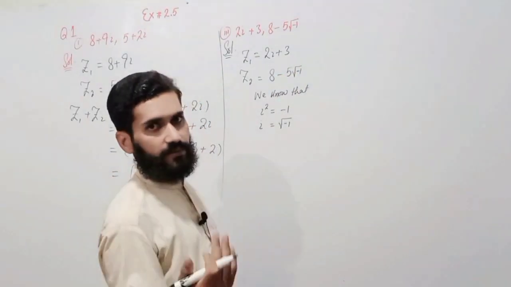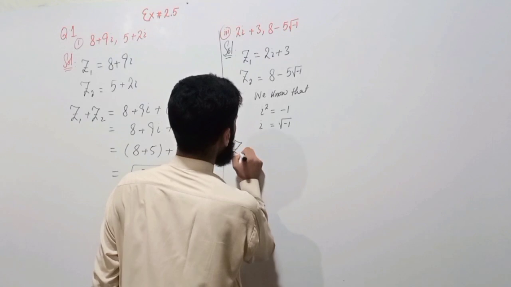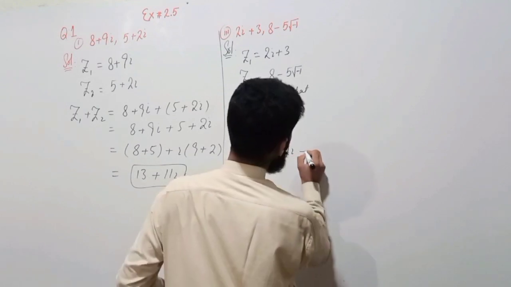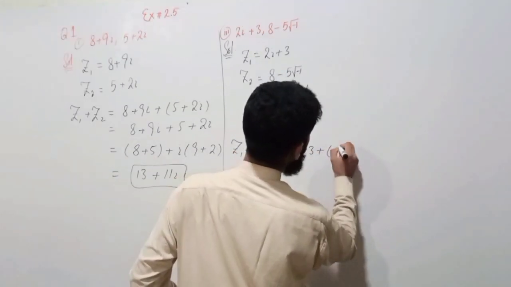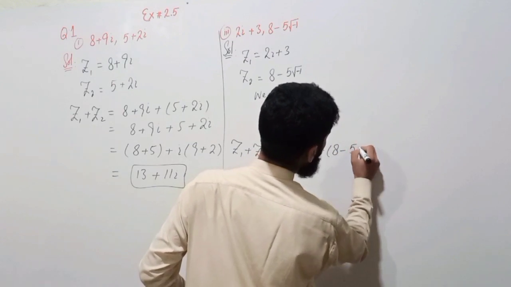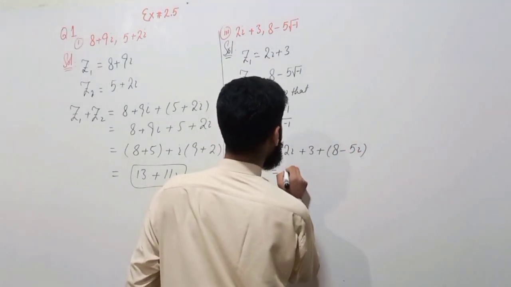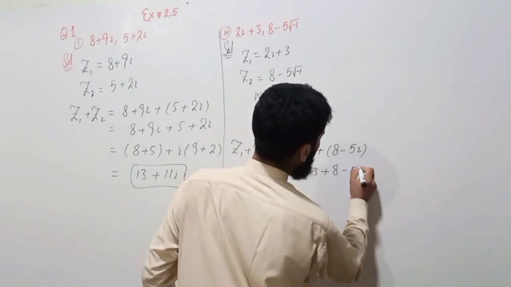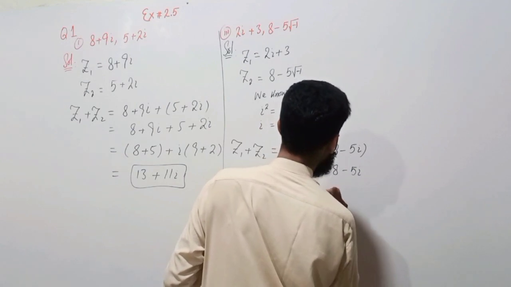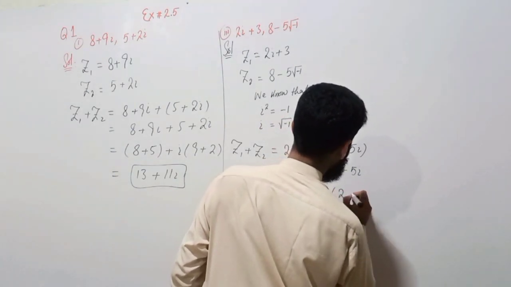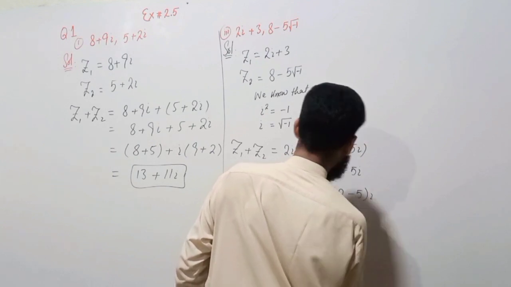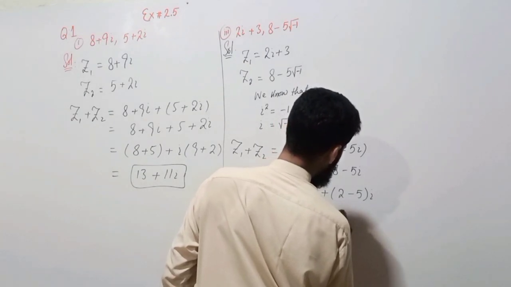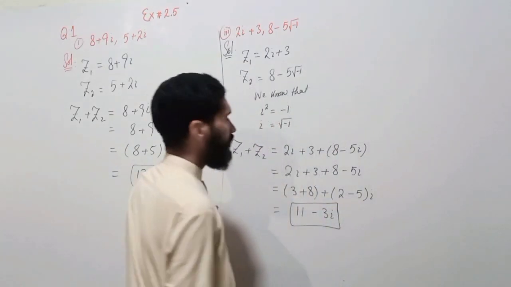So z1 plus z2 is 2 iota plus 3 plus 8 minus 5 iota. The real part goes with the real side and the imaginary part with the imaginary side. So we get 11 minus 3 iota. This is the required result.